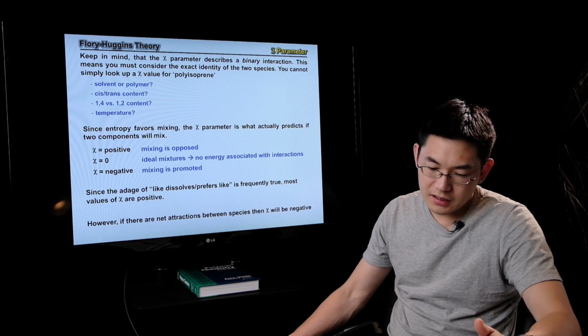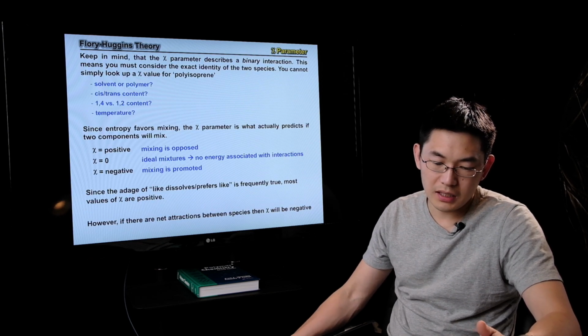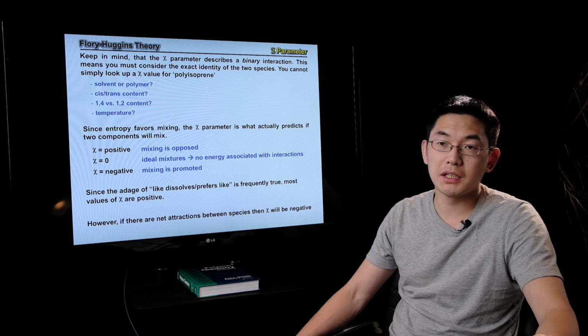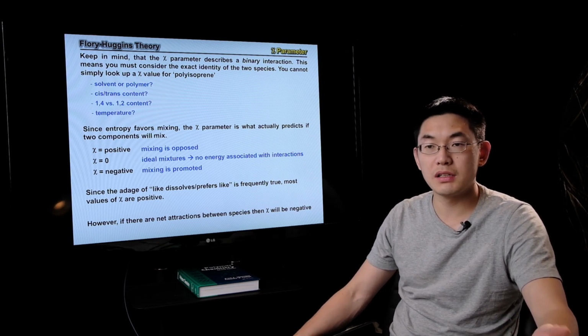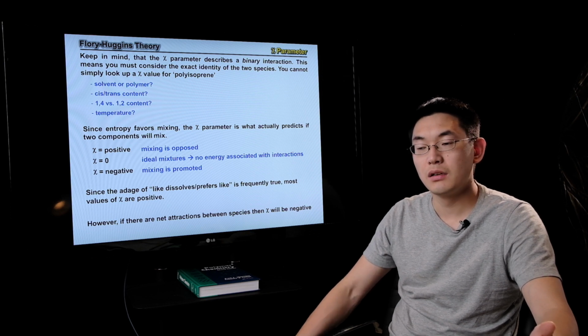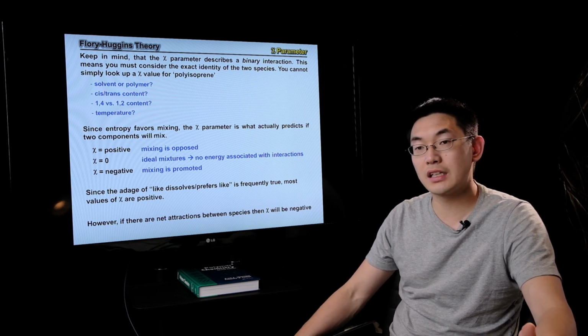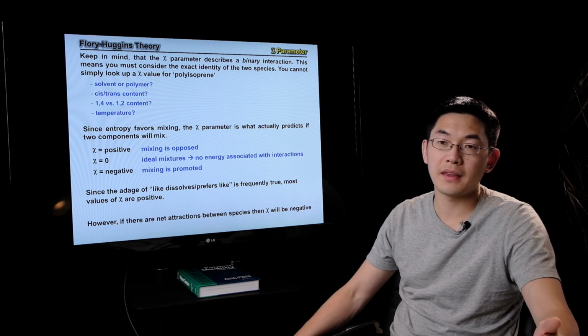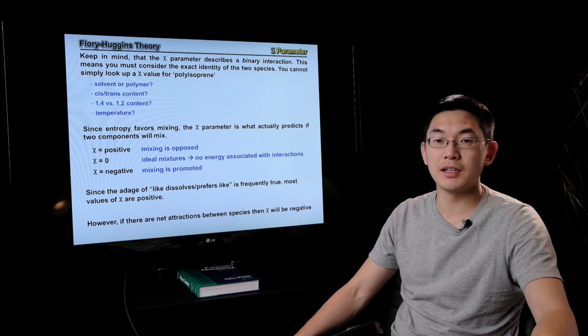All right, for the next few minutes I will talk about what the chi parameter is. As we define the chi parameter in the enthalpy part, chi is proportional to the interactions between the solvent AB minus half of AA by itself and half of BB by itself.